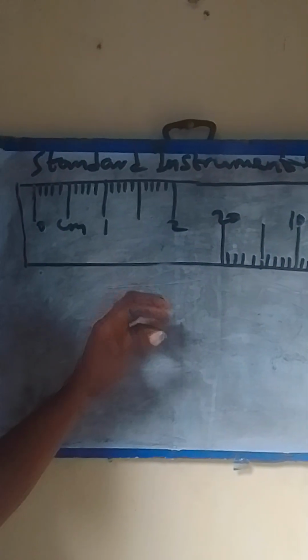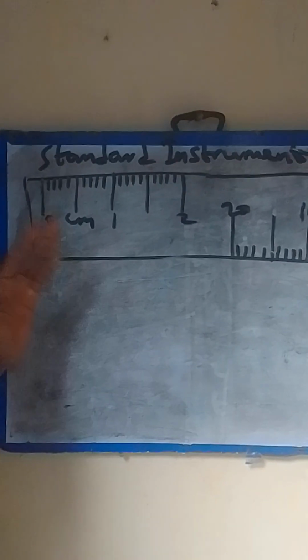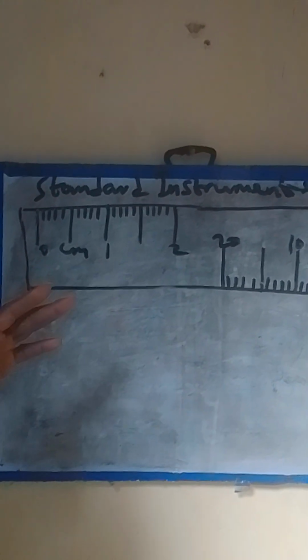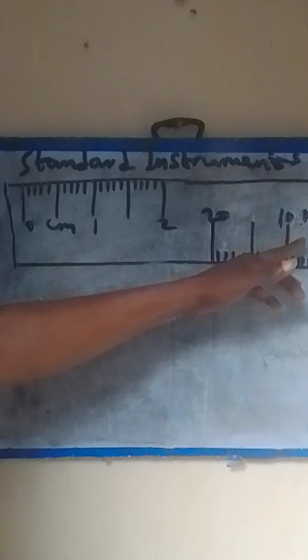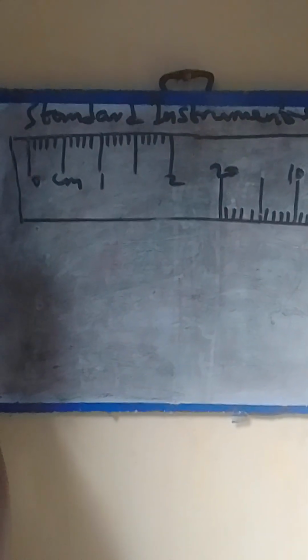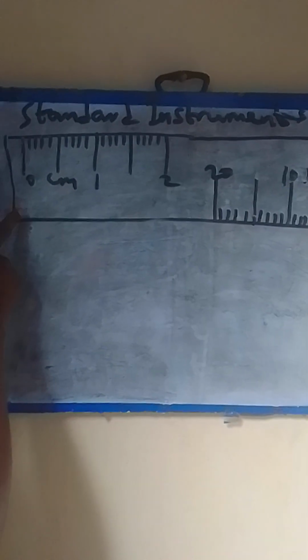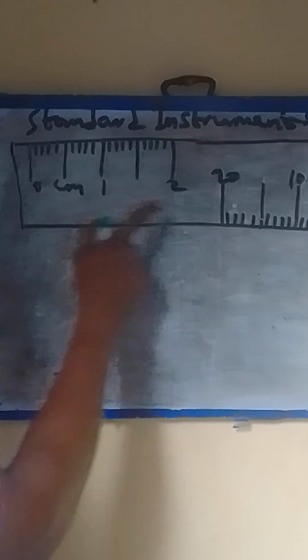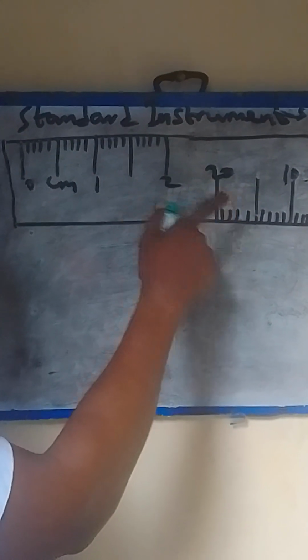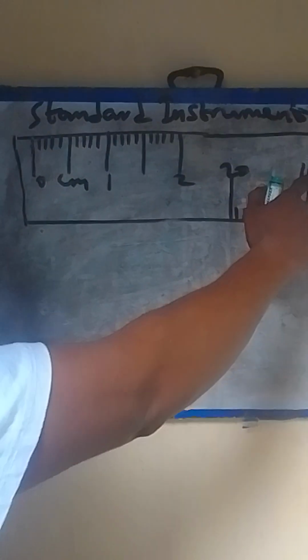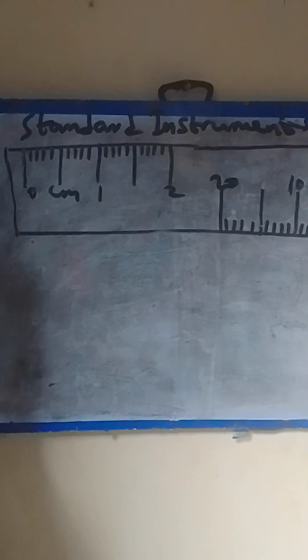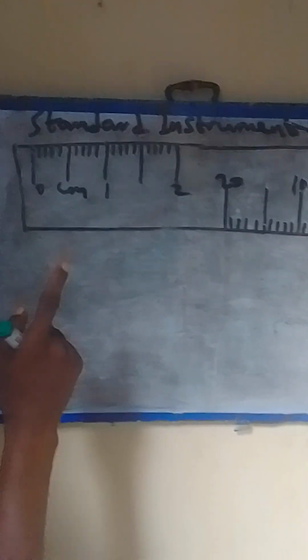So now you can see that by looking at this, the smallest division of the meter rule or the measuring tape is 1 millimeter.